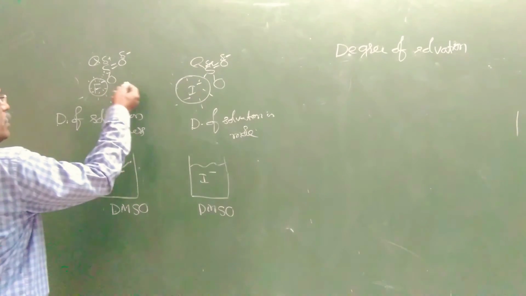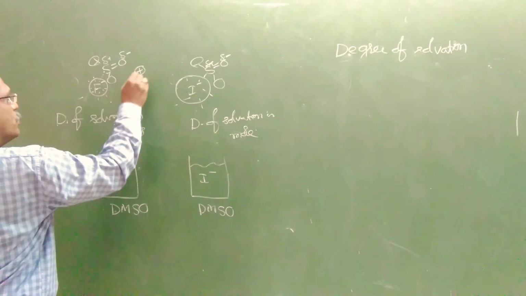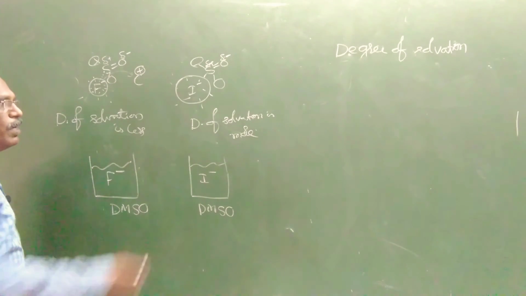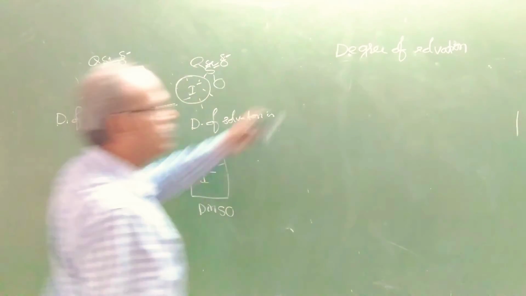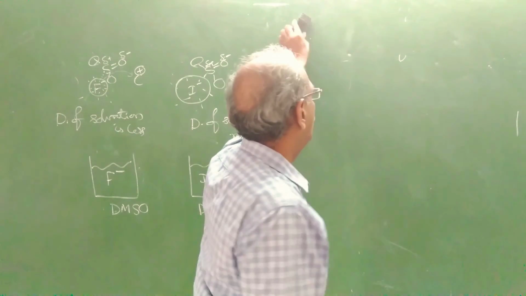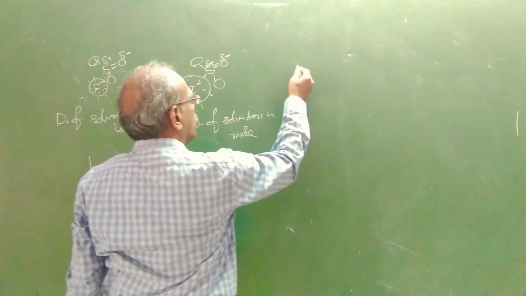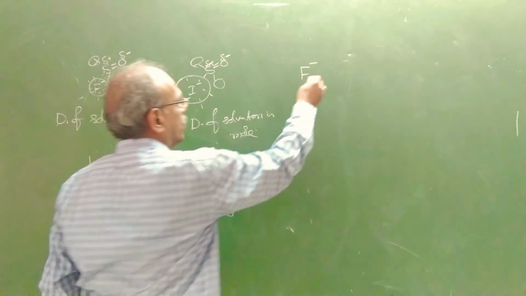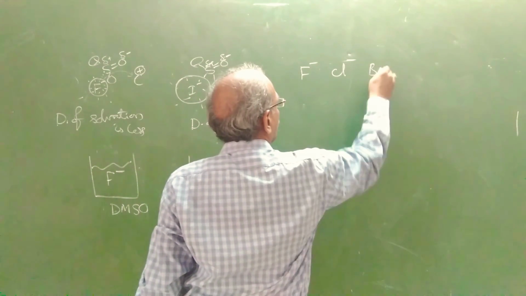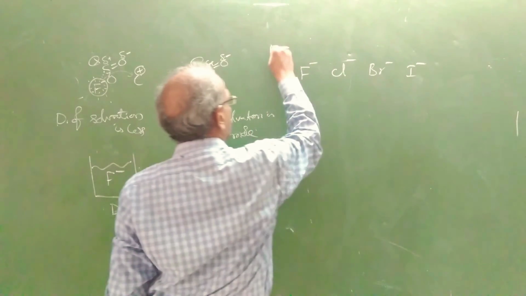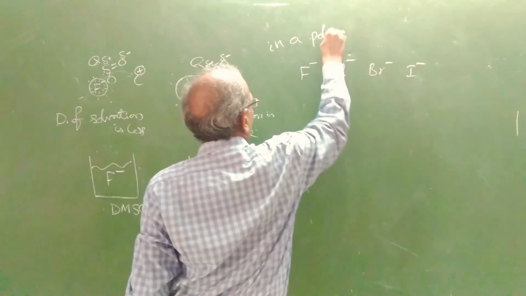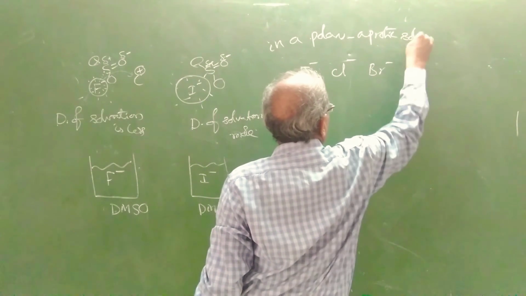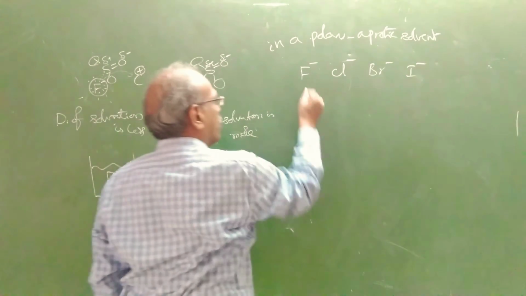An electron deficient center can easily accept the electron pair, but for this, its probability decreases. Now see, in a polar aprotic solvent, what's happening?